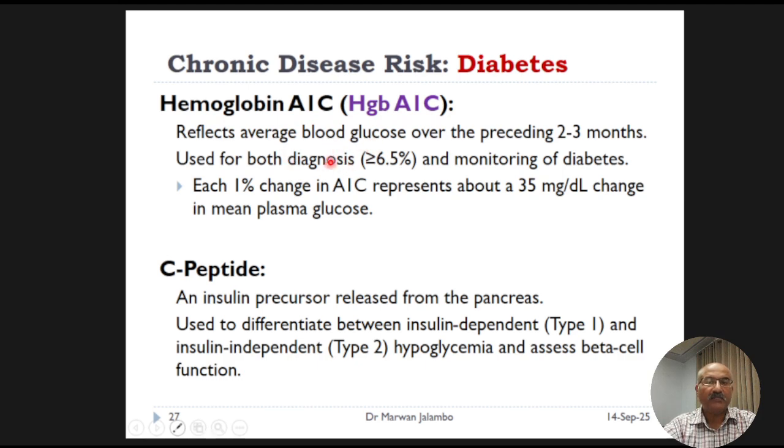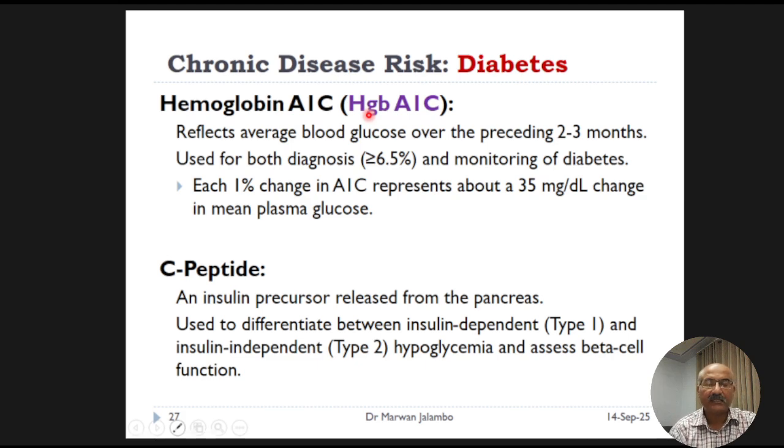Hemoglobin A1c measures the percentage of hemoglobin that has been glycosylated, or bound to glucose.